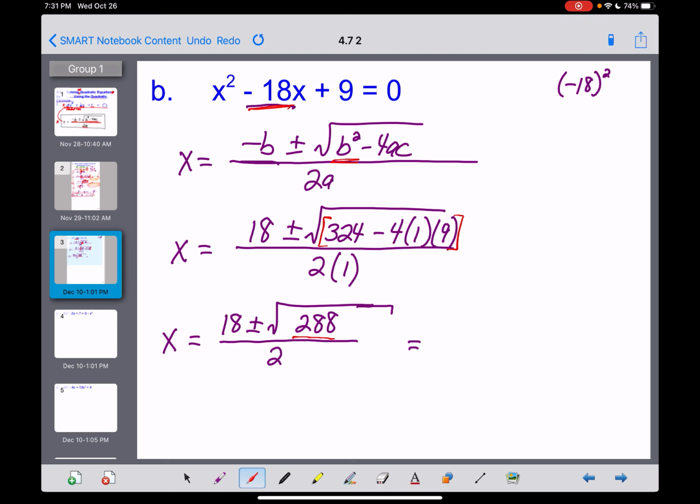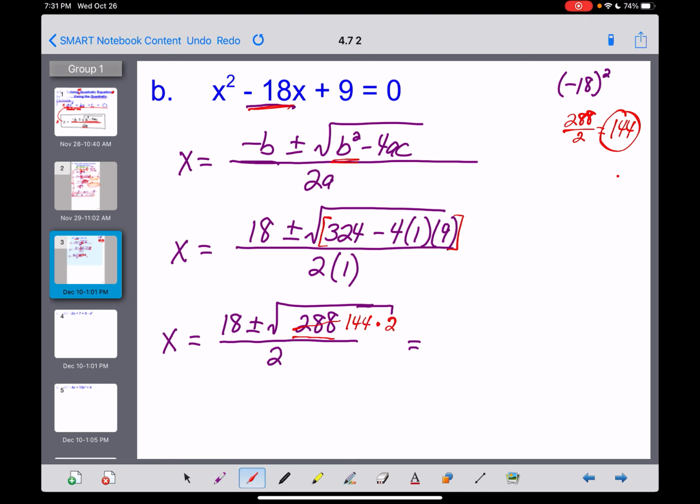The next thing you should do is think about cutting that number in half. And half of 288, write it over here if you need to, divided by 2 is 144. And that number, as luck would have it, is a perfect square. So I'm going to cross out the 288, and make it 144 times 2.